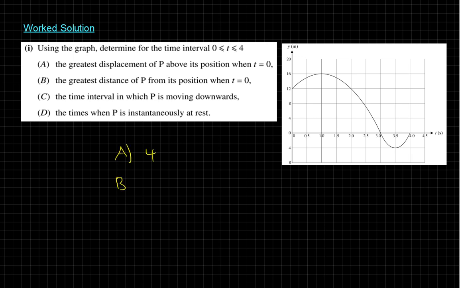Then for B, slightly different. What about the distance? So here the distance is 0, here it's 4, here it's 0. Then as we go down, because distance can only be positive, we're getting positive distance. So down here is the difference between 12 and 8. So distance 4, distance 8, distance 12 here.